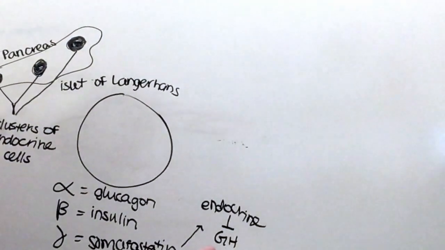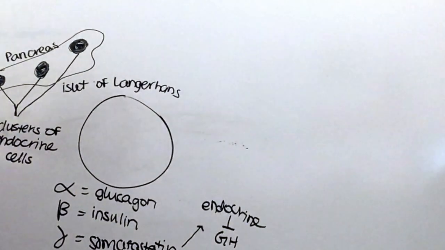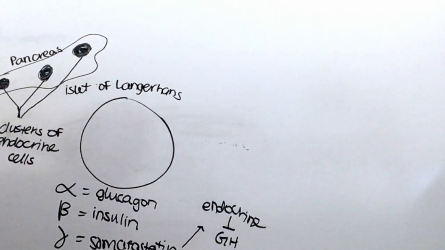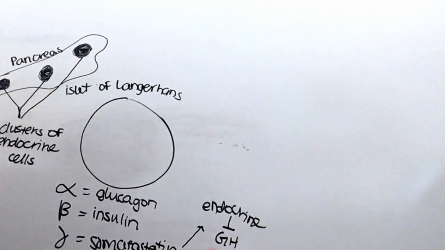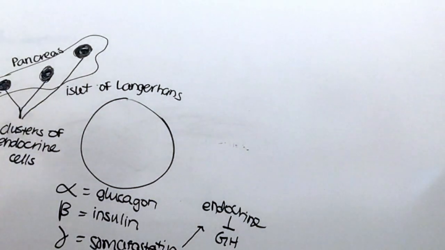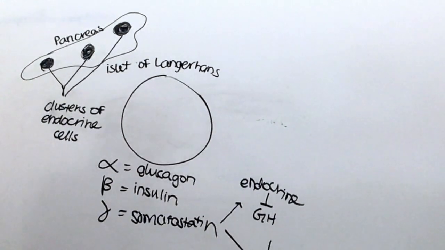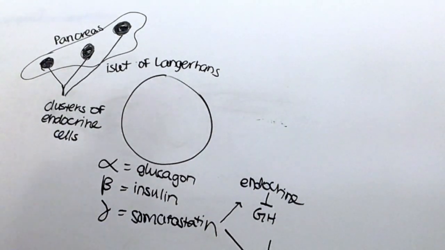And then within the GI system, somatostatin is going to inhibit gastrin and all these other GI hormones. Basically, I would just like to say somatostatin is going to inhibit all GI hormones. So this is just that brief little overview in regards to the islet of Langerhans.